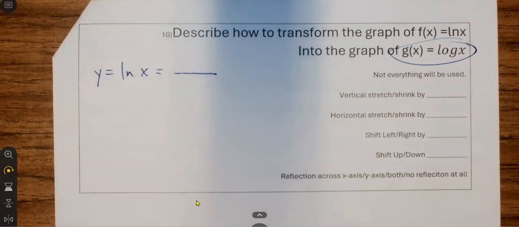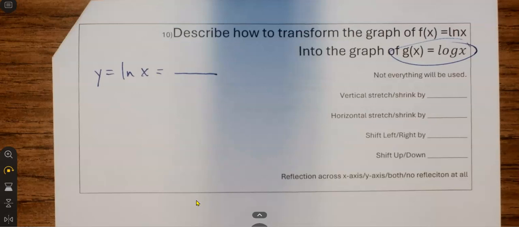Show me on your page right now how to change that y equals ln x to base 10. Log of the argument over log of the old base. Think about what the old base is.